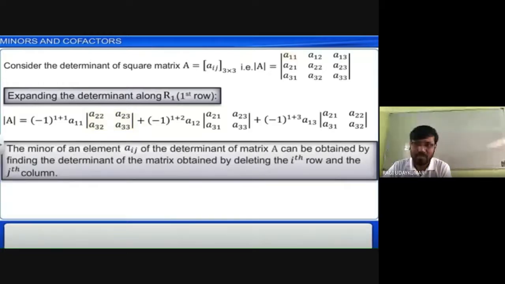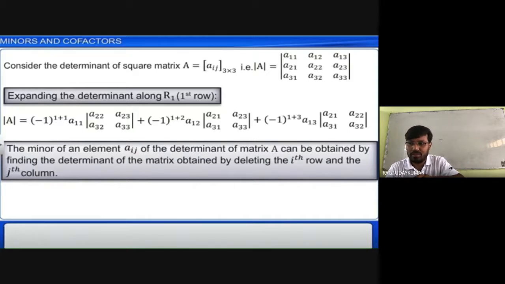A11, if you are taking it, the cofactor of that A11 is obtained from the minor of that particular element. Try to remember that cofactor and minor exist for each and every element.